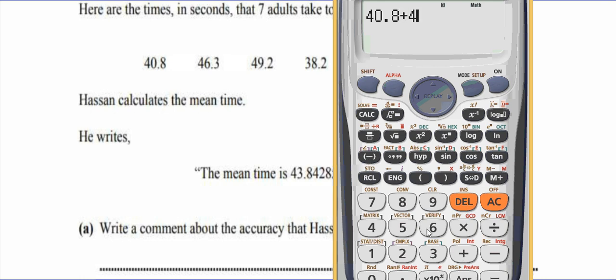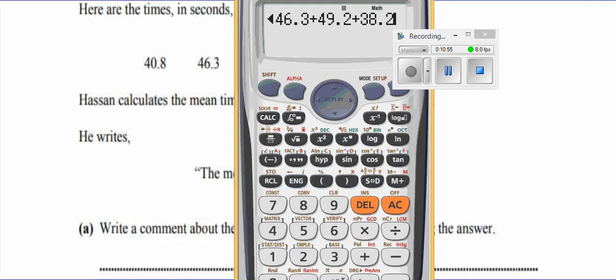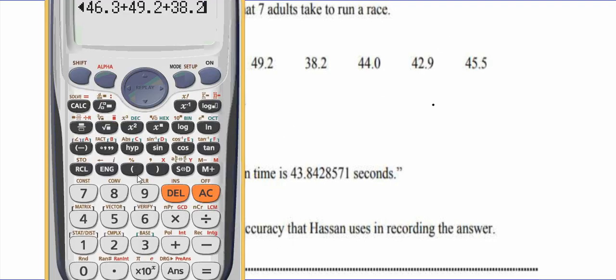40.8 plus 46.3, then plus 49.2 plus 38.2, then plus 44.0, then plus 42.9, then plus 45.5.